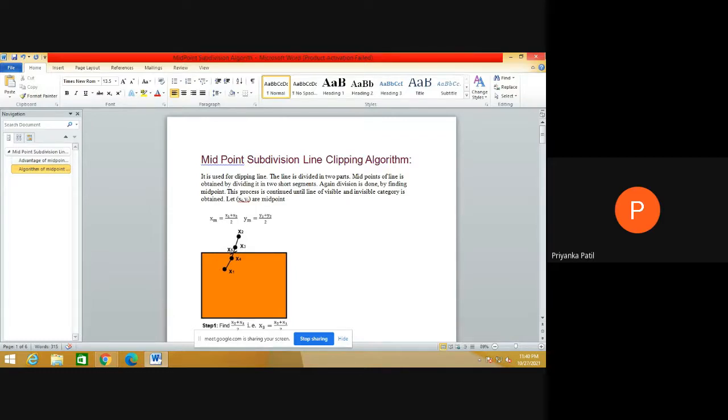We divide the line into two equal parts and get x5, the midpoint of that line. Then we check x1 to x5 and x5 to x2. Again we divide the line into two equal parts, repeating until the visible and invisible parts are generated.